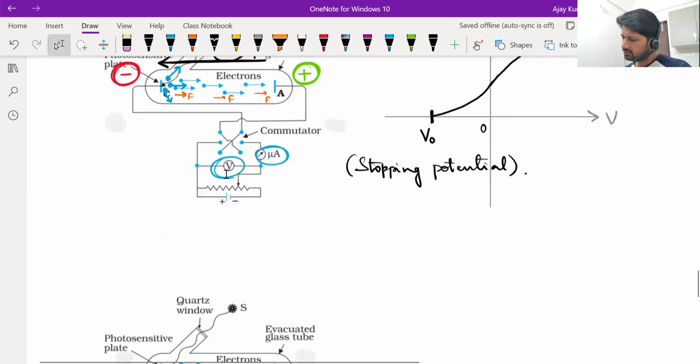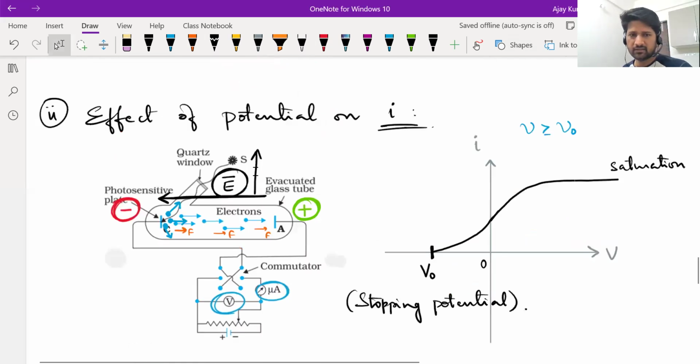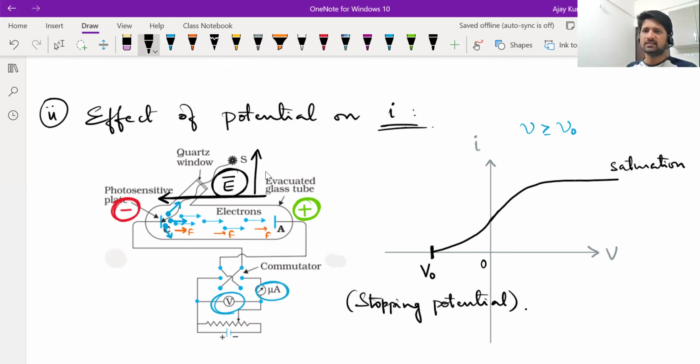Fine. So when this experiment, which studied current as a function of potential applied, was conducted at different intensities, it was found that, say they'll fix the intensity, they'll fix the frequency, they'll vary the potential and study the current. They'll get one graph. Okay, the experiment can be repeated at a different intensity. Okay, so let's say the intensity was increased and the experiment was repeated.